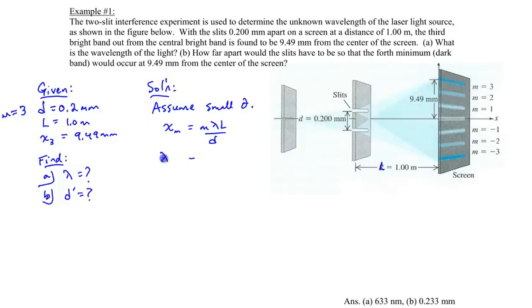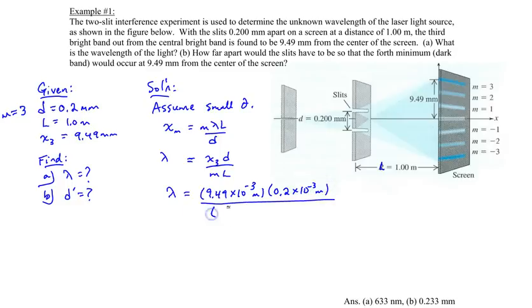Actually, we're solving for lambda, so let's rewrite this equation as lambda equals x sub 3 times D divided by m times L. So lambda would be equal to 9.49 times 10 to the power negative 3 meters. The distance between the two slits is 0.2 millimeters, so that's 0.2 times 10 to the power negative 3 meters.